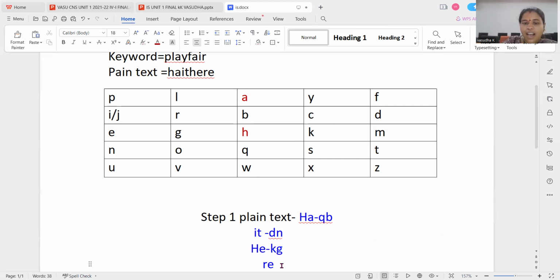Next, RE. Where is E? E is here and R is here. So here it is forming this small rectangle.